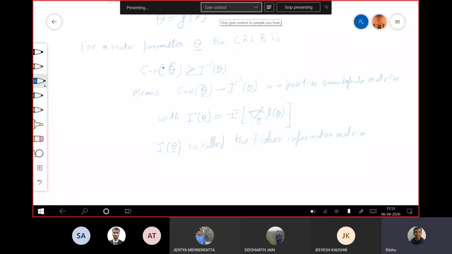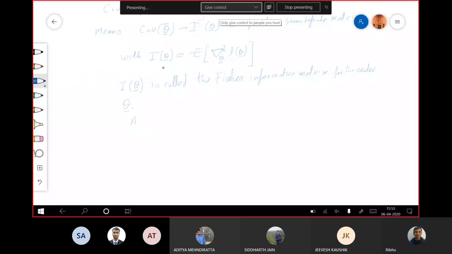Now again, an optimal estimate is possible if del L by del theta can be written as I theta times G of x minus theta.